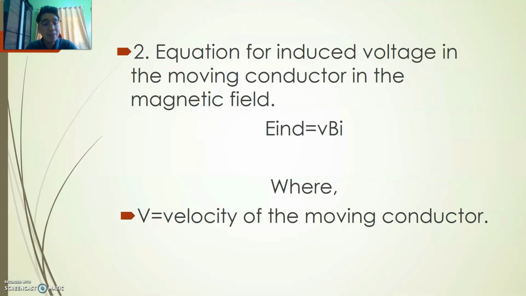The mathematical expression of the induced voltage in the moving conductor in the magnetic field is given by e equals B l v, where v is the velocity of the rotating or moving conductor in the magnetic field, B is the magnetic flux density, and l is the length of the conductor.